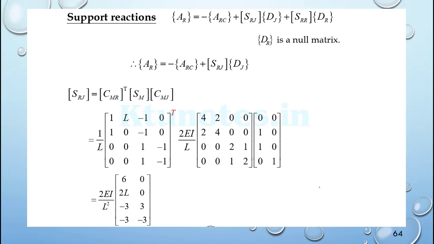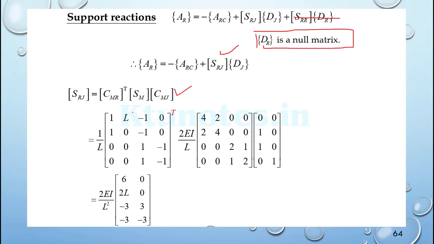Then we have the support reactions equation given by AR is equal to minus ARC plus SRJ into DJ plus SRR into DR. The DR is a null matrix, so this term will get cancelled, and AR is equal to minus ARC plus SRJ into DJ. SRJ is given by CMR transpose into SM into CMJ.